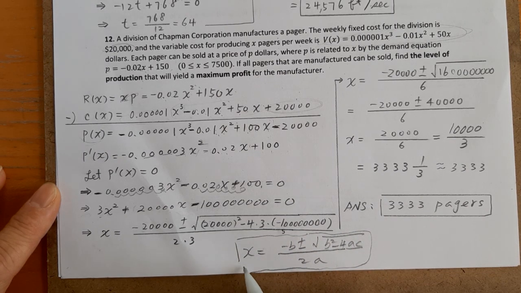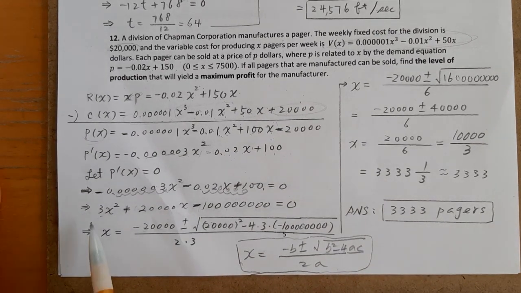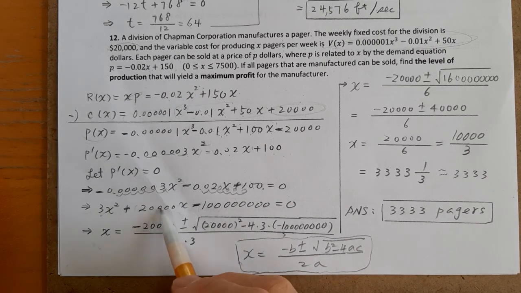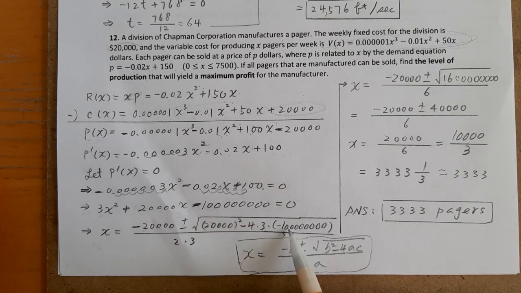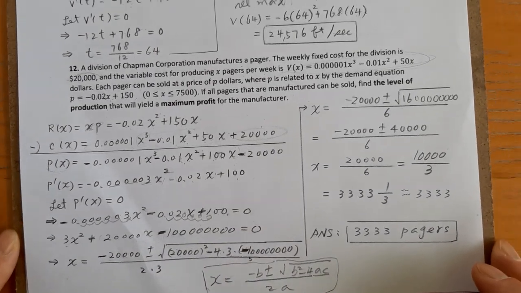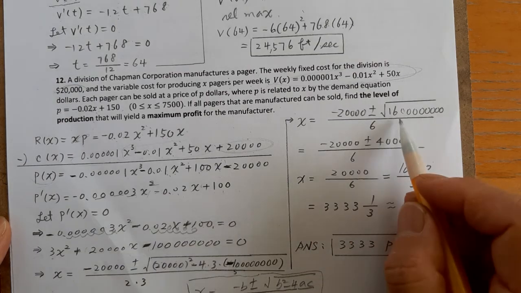If you don't know how to factor it, just use the quadratic formula. 2 times a is 3, negative b is 20,000 plus or minus the square root of b squared, 20,000 squared, minus 4 times a is 3, c is negative. Negative becomes plus, and then this is 12, add this 2, total is 16.